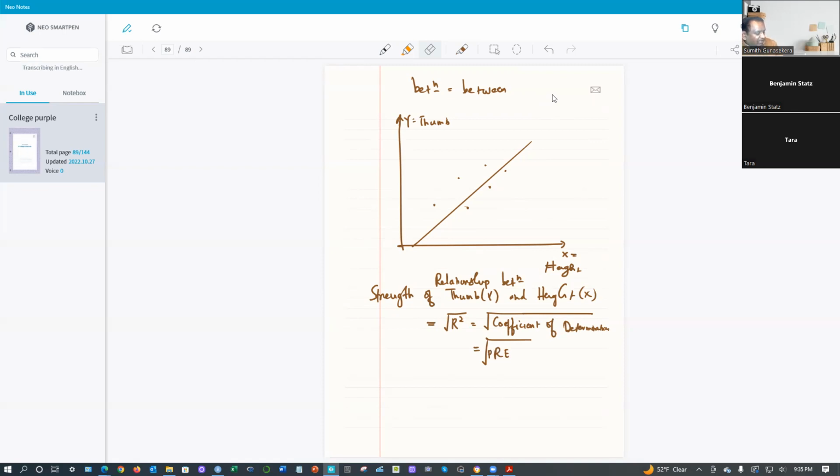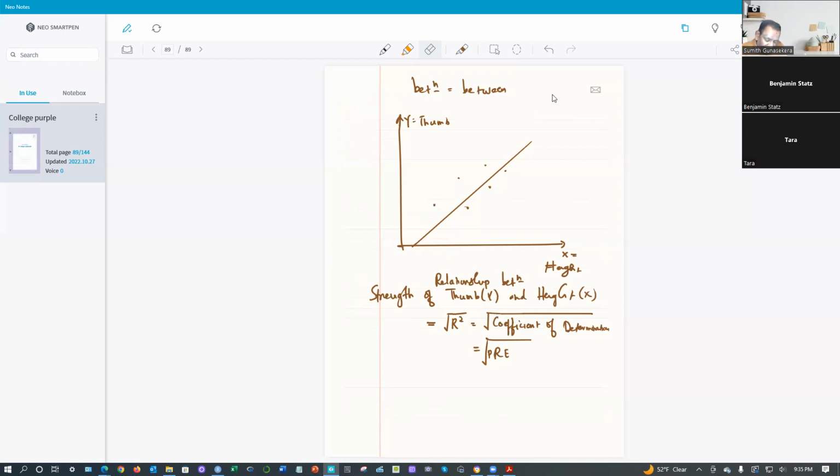Okay? How do you get this correlation? You can get the correlation in several ways. We discussed that the other time. See, correlation. How do you get that? You can use what to get this one?